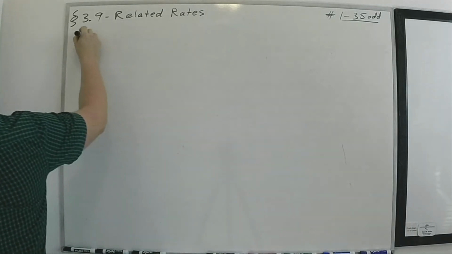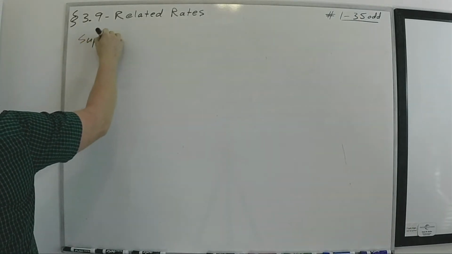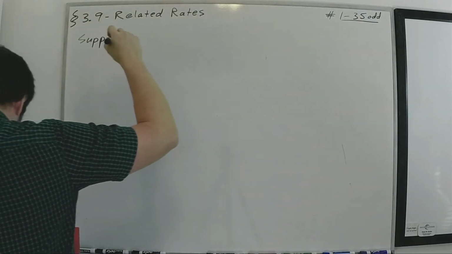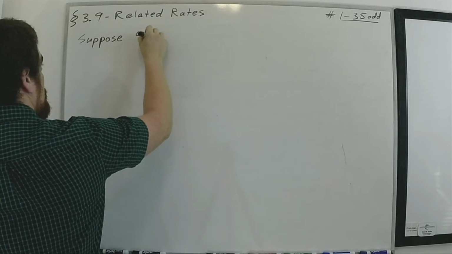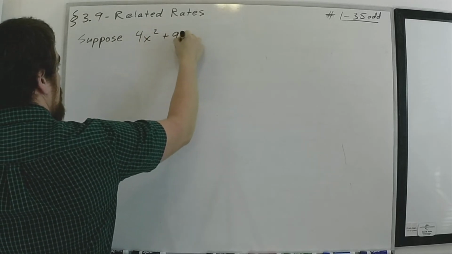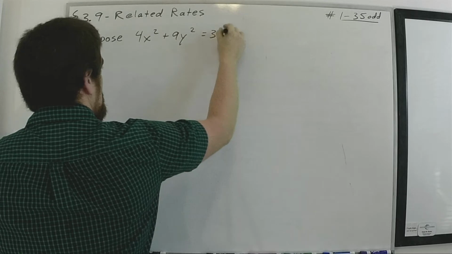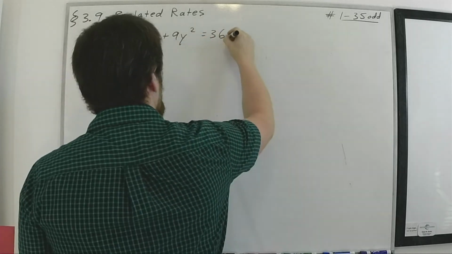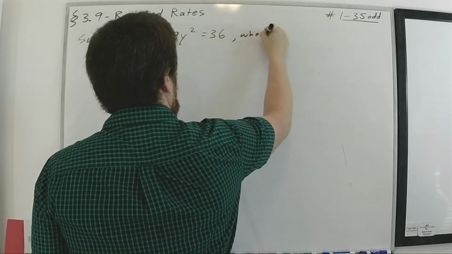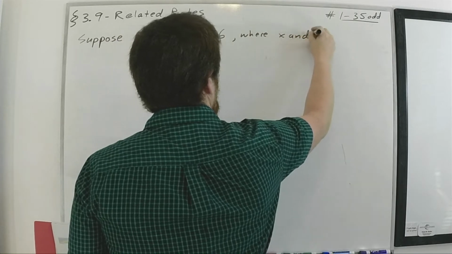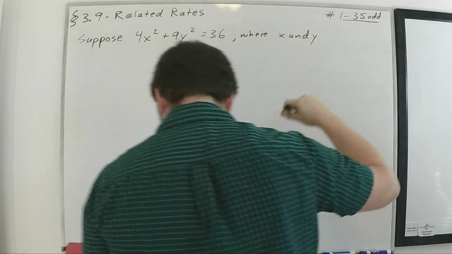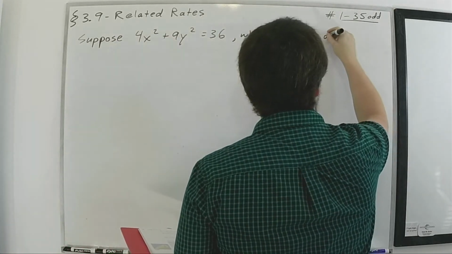So here's one that says, suppose 4x squared plus 9y squared equals 36, where x and y are functions of t.